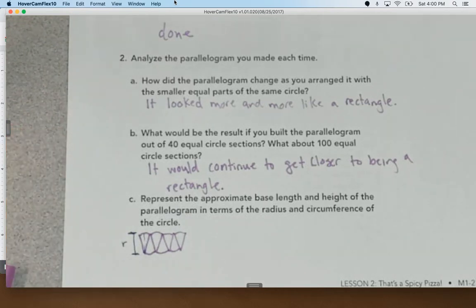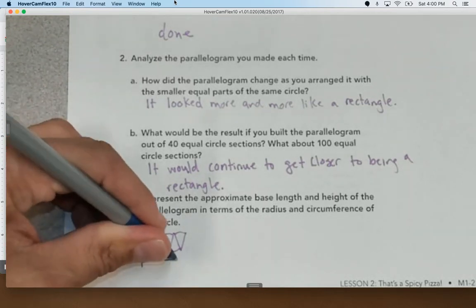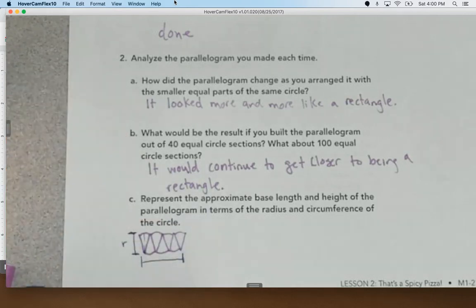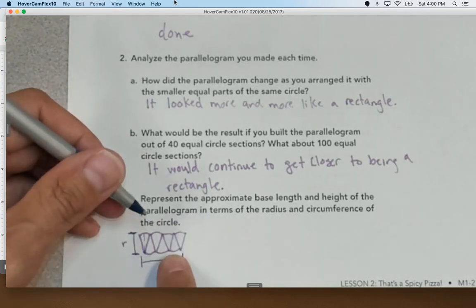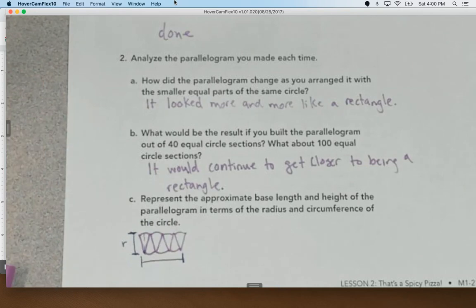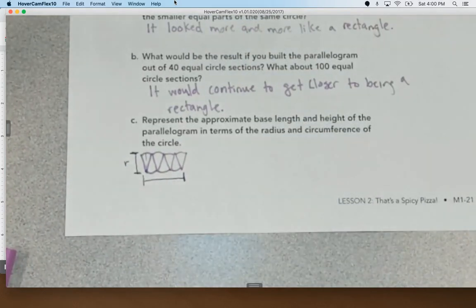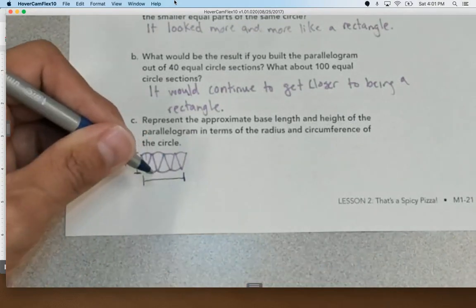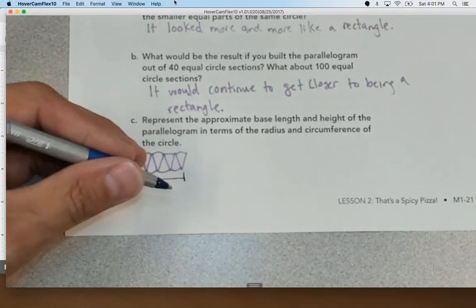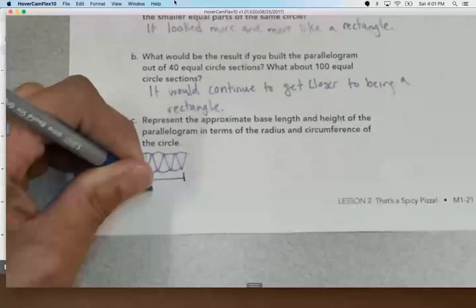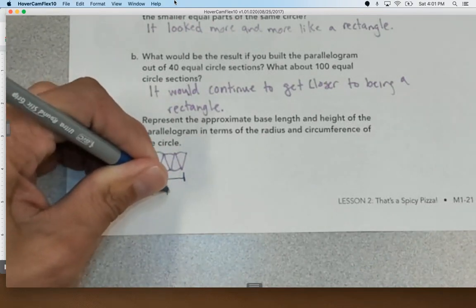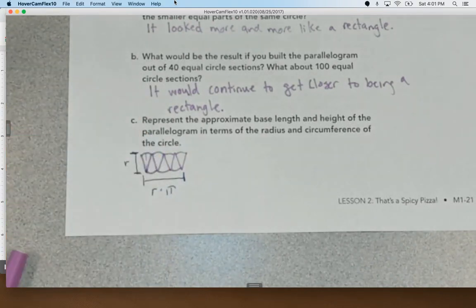This base is half of the circumference, and this is the other half of the circumference, because the pieces are switching off. If circumference is diameter times pi, then half of that would be radius times pi.